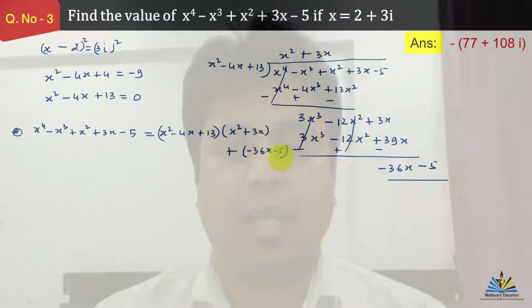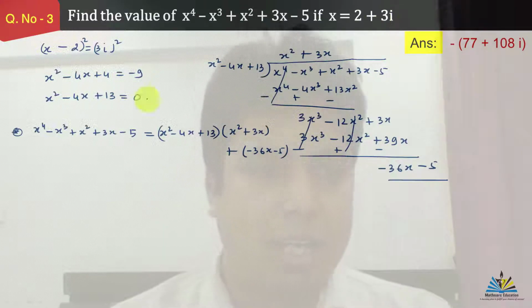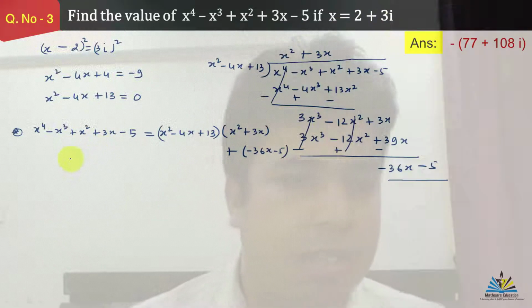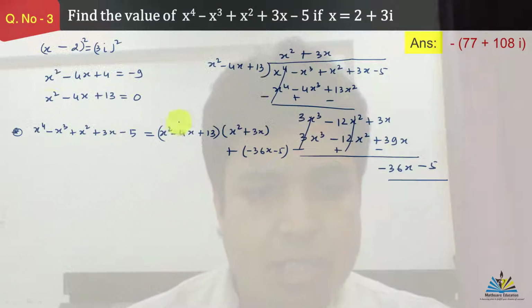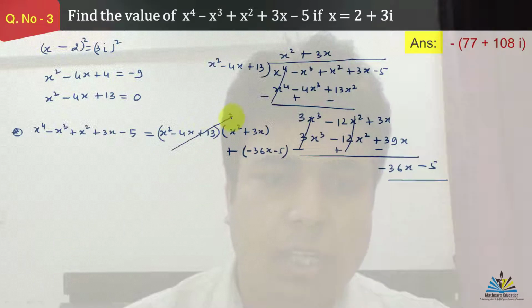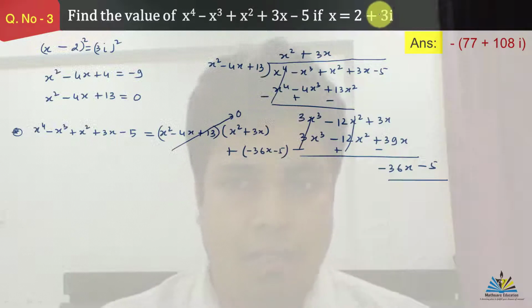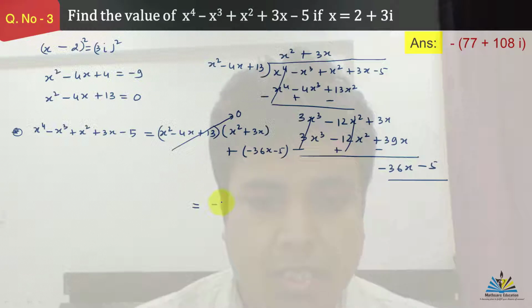Now, if we put x equal to 2 plus 3i in this expression, then we already know that this part becomes equal to 0. So this whole part becomes equal to 0 if we put x equal to 2 plus 3i. So what will remain is minus 36 times x, that is 2 plus 3i, minus 5.